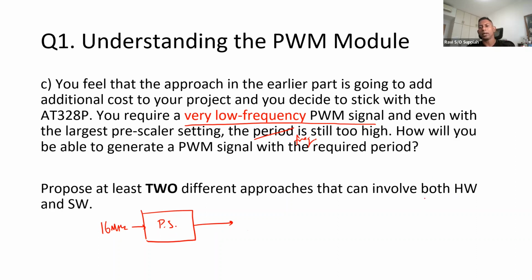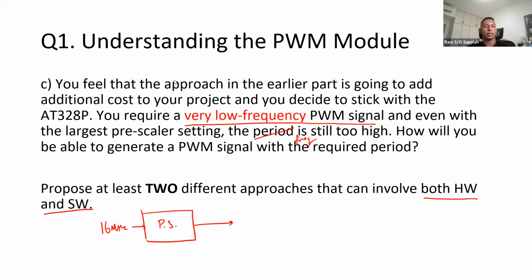There may be some misinterpretation of the English. When we say the approach involves both hardware and software, we are not saying that the approach must use both at the same time. It's just that there is one approach using hardware and one approach using software.